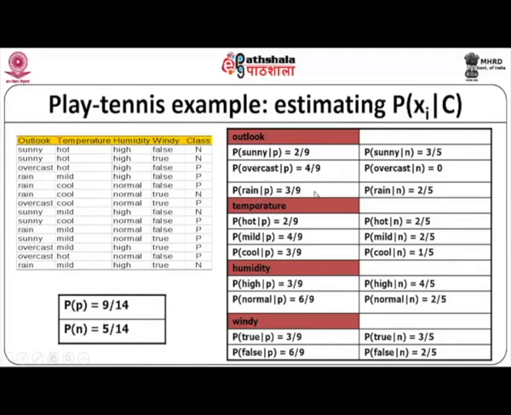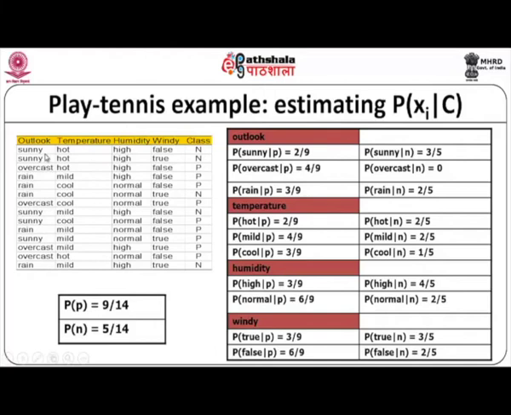Once we have computed the probability with respect to the class label p, we will have to calculate the probability with respect to class label n. Now take those records that contain the class label n; there are 5 records. Identify among these 5 records how many contain the outlook parameter sunny.